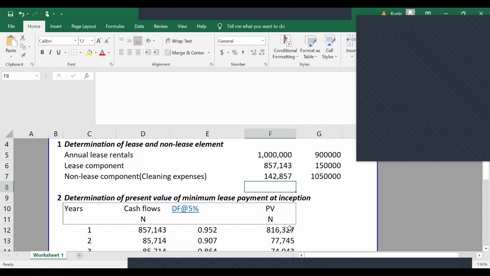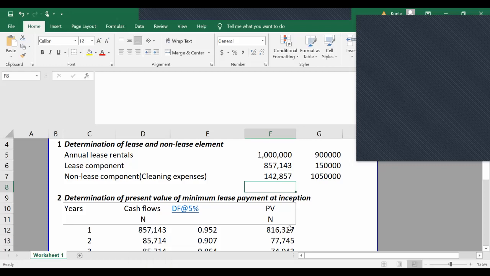Are we together? But they further provided us with another detail: there is another similar arrangement that is not materially different from this one of 1 million. In that rent arrangement, they split the lease component from the non-lease component.